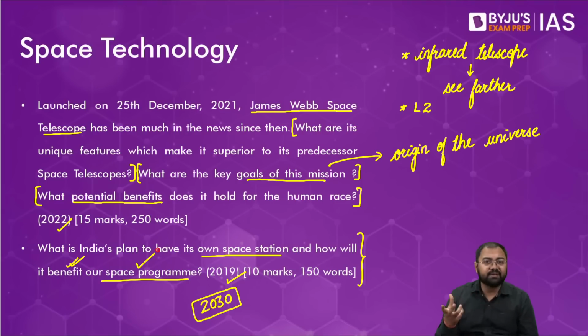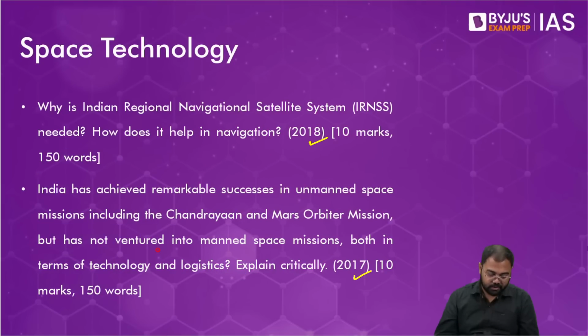That will give us a better insight into how everything works, and the basic relation between the physics and the biology of the body. Plus it can also act as a support system for all our satellites, especially the satellites that are placed in the low Earth orbit. So there are multiple benefits that we can draw out of all these kinds of technologies with our space station.